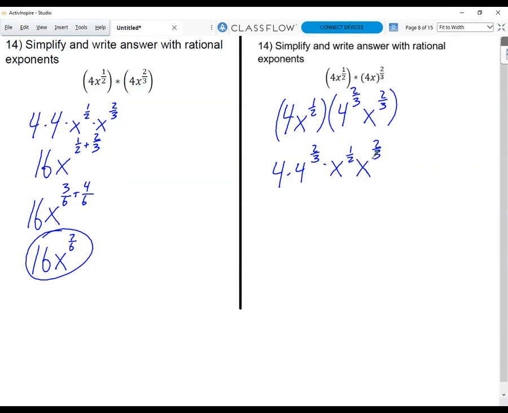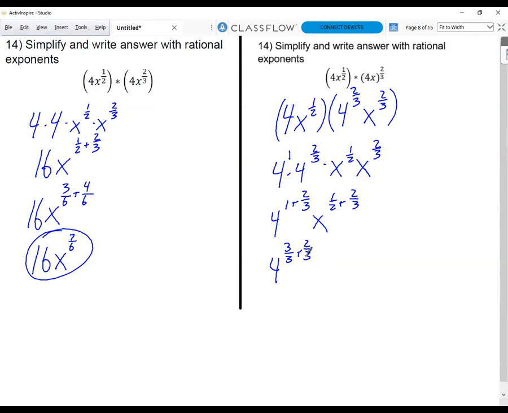Well, remember, any number is raised to a power of 1. Any number to the first power is itself. So this is technically 4 to the 1 plus 2/3, x to the 1/2 plus 2/3. Another way to write 1 is 3 over 3. So it's 4 to the 3 over 3 plus 2 over 3.